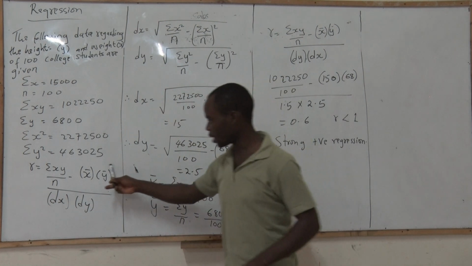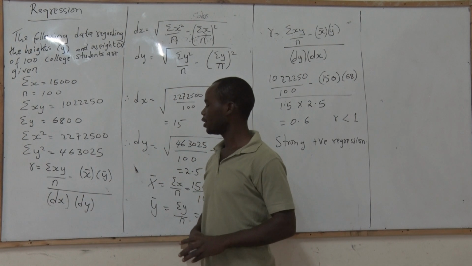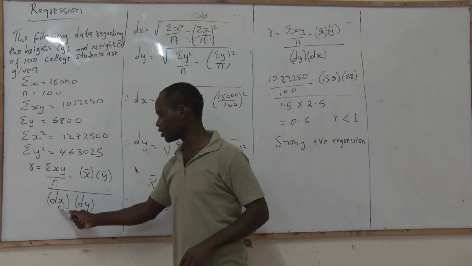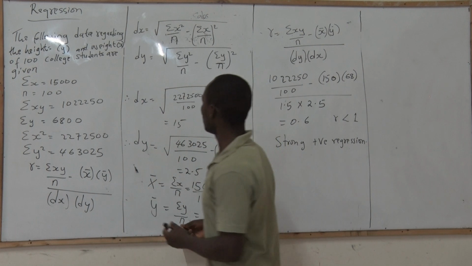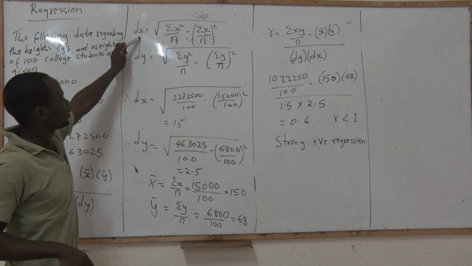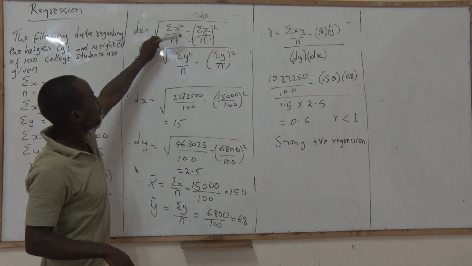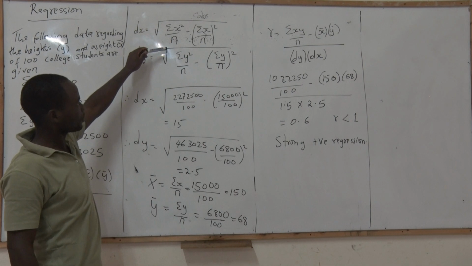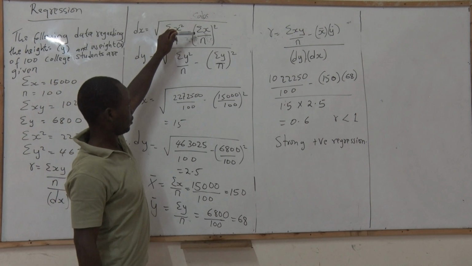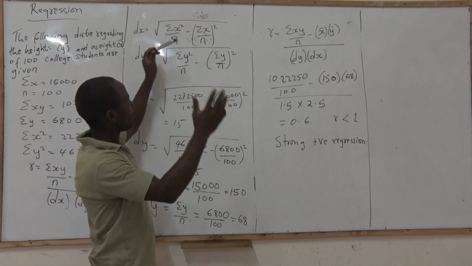So all these parameters I have discussed before in the previous videos. Whatever we've not discussed is the deviation in X and deviation in Y. How do we calculate them? The deviation in X is computed by taking the square root of the sum of X squared divided by N, which is the total number of samples, minus the summation of X divided by N, then we square.